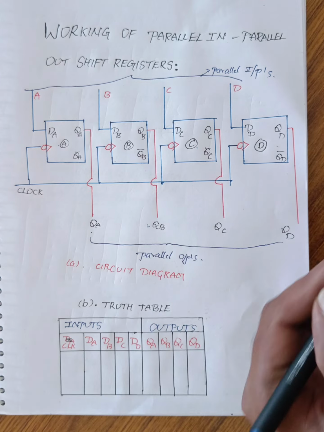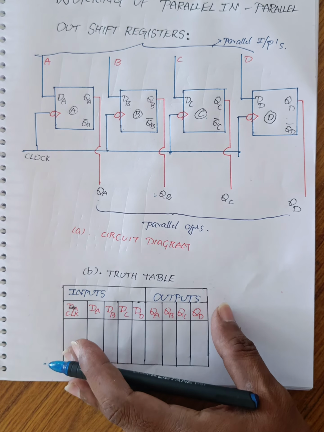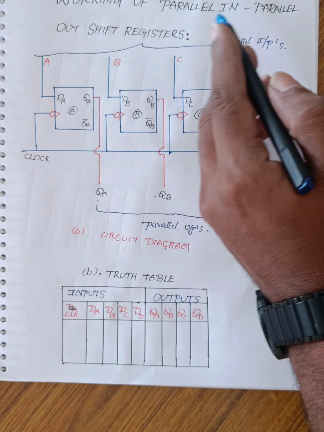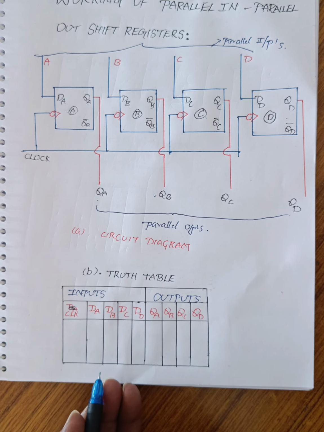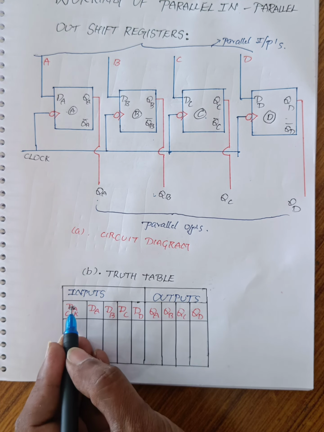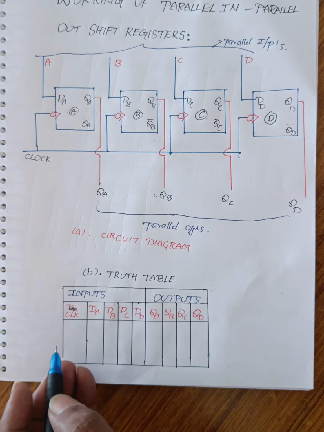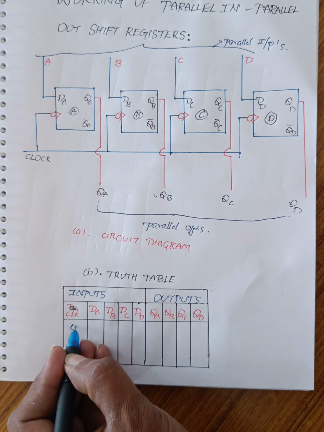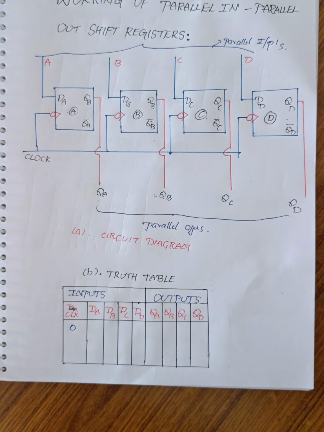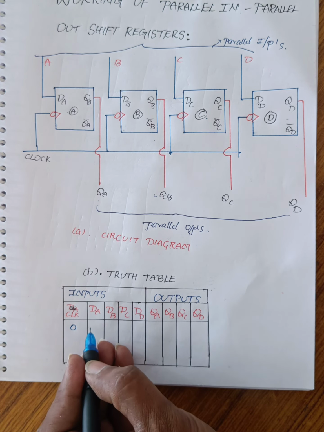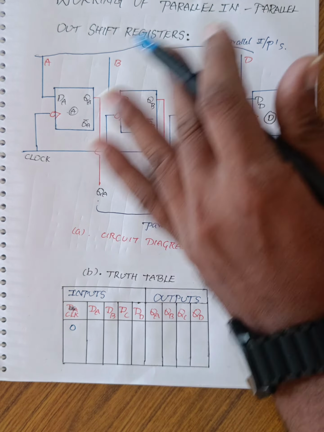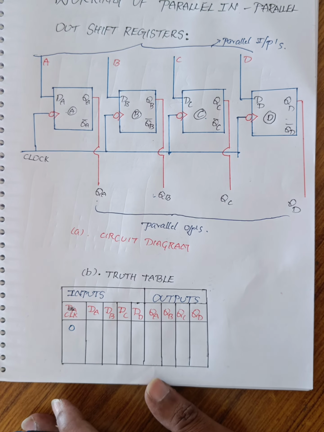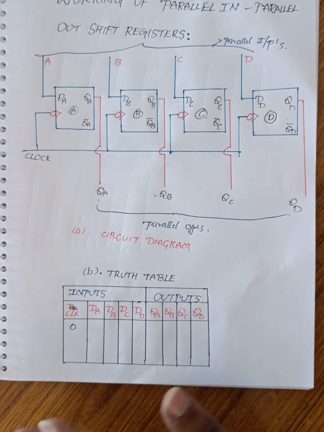So let us take the truth table of the parallel in parallel out shift register. In the truth table it contains inputs and outputs. Clock is one of the inputs. Whenever the clock equals 0, the input data, whatever it may be, 0 or 1, you can take 0 or 1, all the 4 flip-flops are in reset condition.